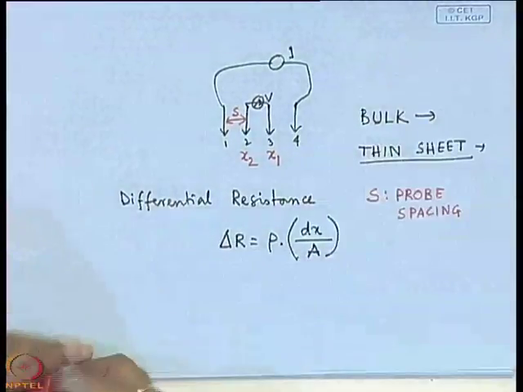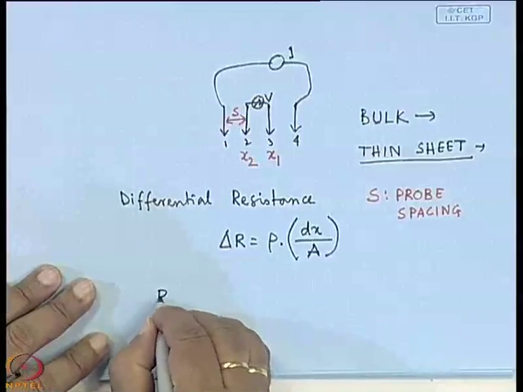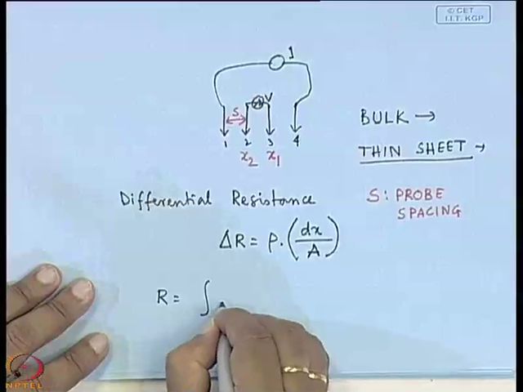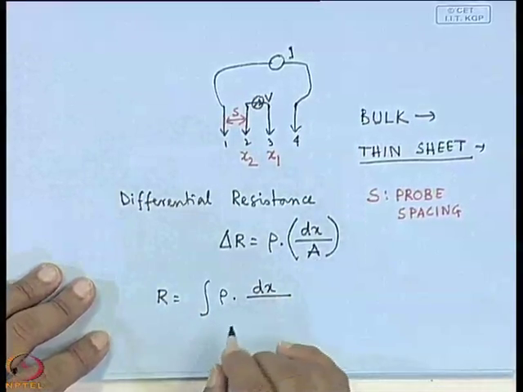Now, under this situation I can make R equal to the integration of rho into dx by what is the area.